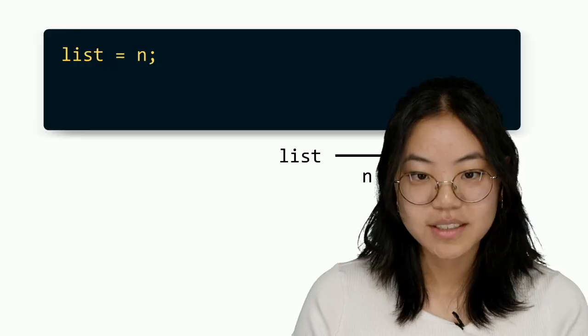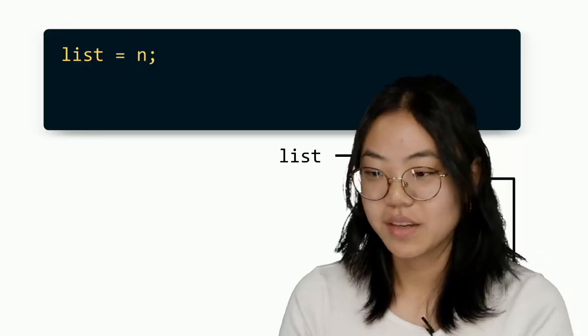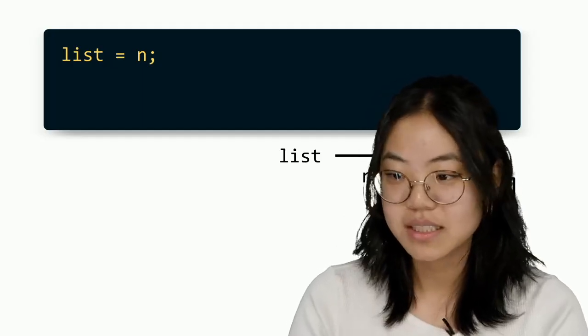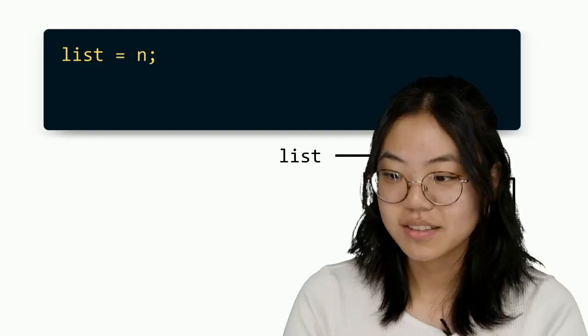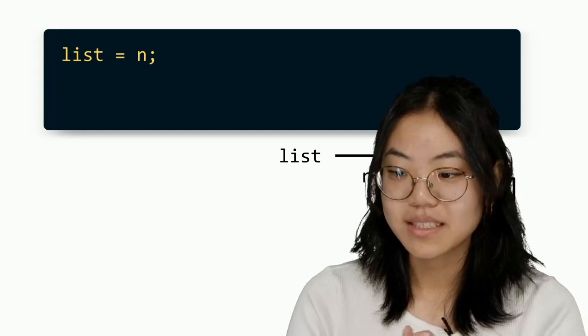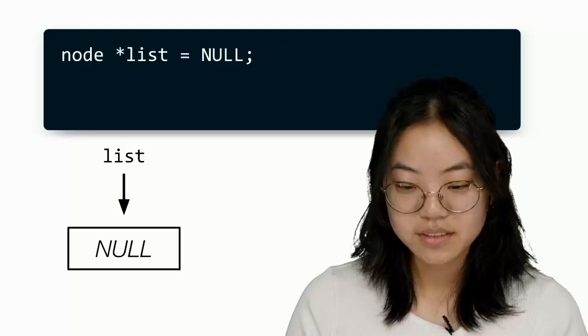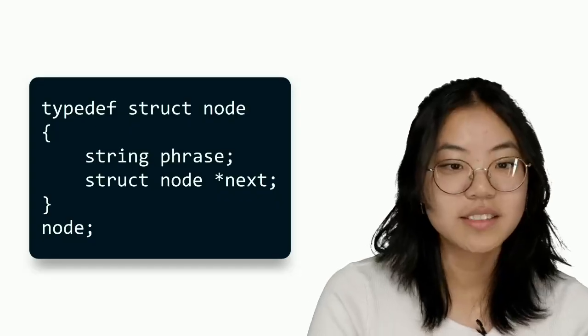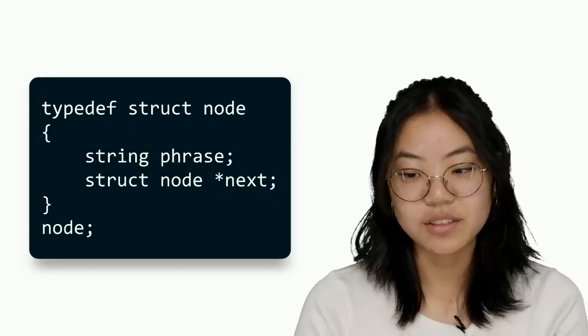Okay, so I'll pause here if we have any questions about creating a linked list, what a node is, etc. So someone asked, what is a node? So we defined a node here with this notation. It's a struct that we've called node.